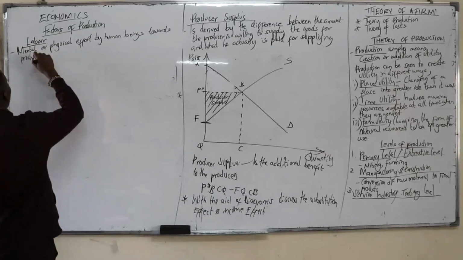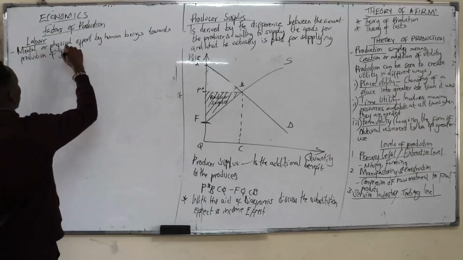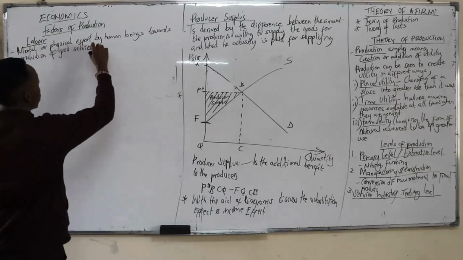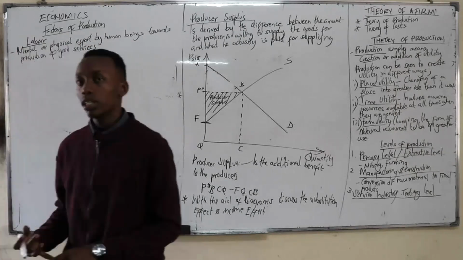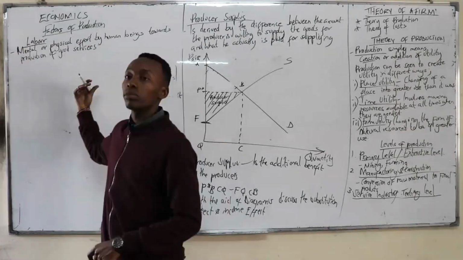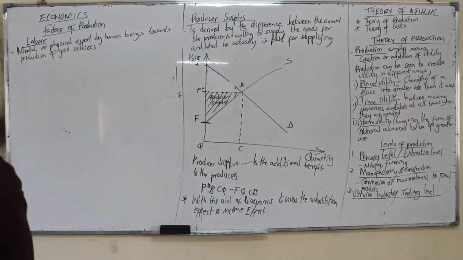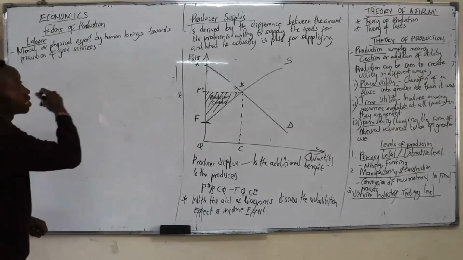Now, this labor has its own characteristics and its rewards. Some of the characteristics of labor would mean, for example, you cannot separate it from the owner. Also, it is directly connected with human effort, and you cannot store it. You have to utilize it as it is.